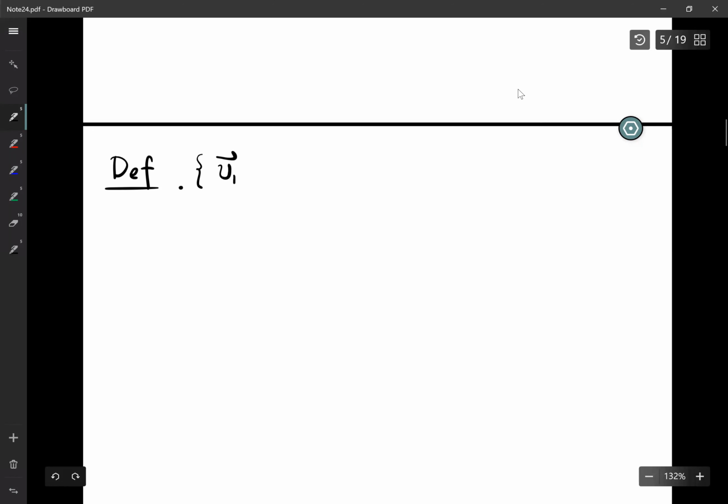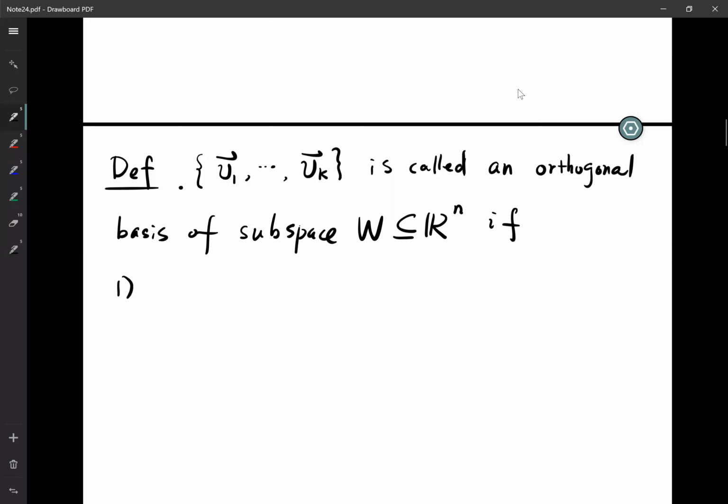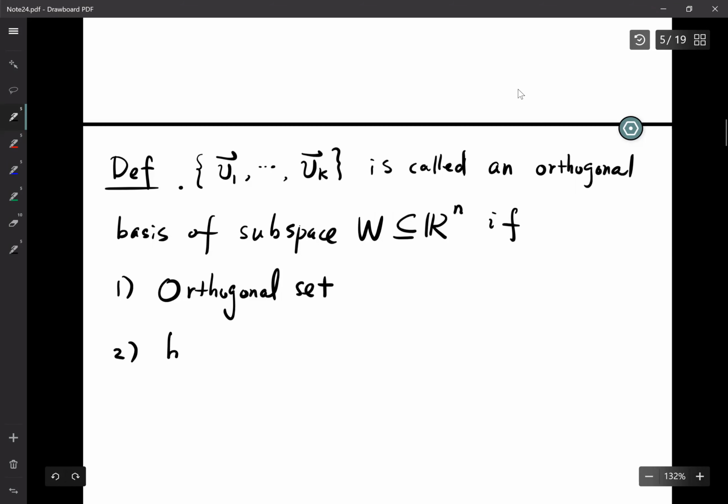So V1 to Vk is called an orthogonal basis of a subspace W in Rn if one, this set is an orthogonal set, and two, it's not only orthogonal, but it should also be a basis.